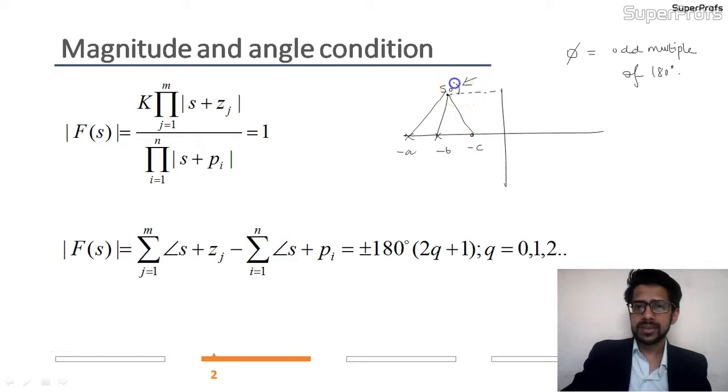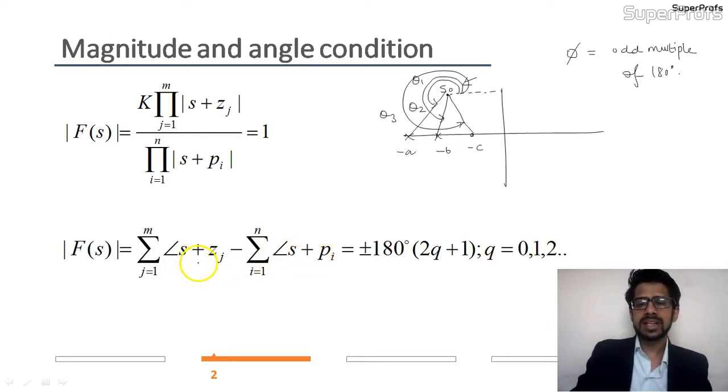So you have this particular angle first, let us say theta 1. You have theta 2. Also, you have theta 3. Now we will do the summation of all the angles made by zeros first and subtract the summation of angles made by poles.